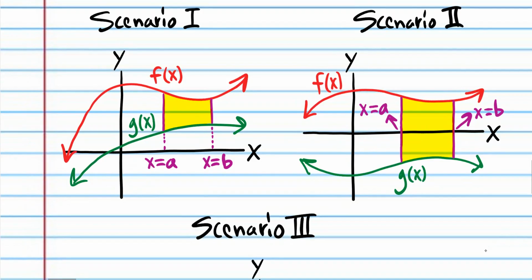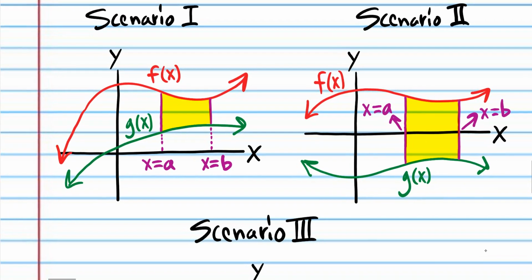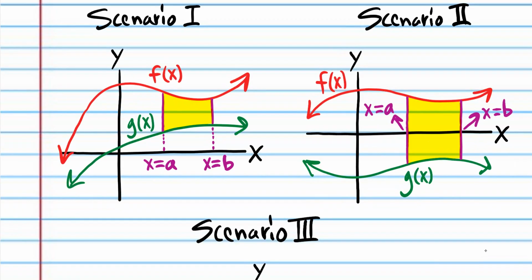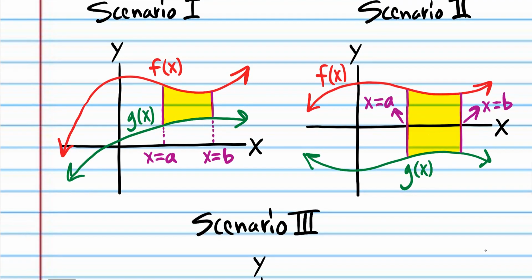So here we have these red and green examples, and we have these purple bounds here, you could say. They're also graphs, they're just vertical lines. So we have four graphs: one vertical line, a second vertical line, the red graph and the green graph, and we're going to find the area between those graphs.